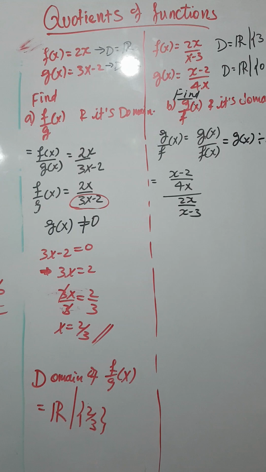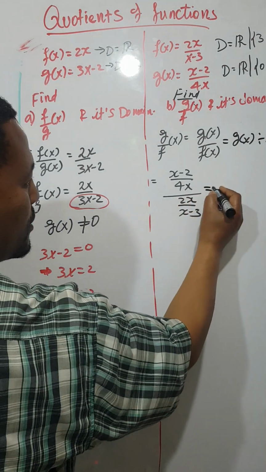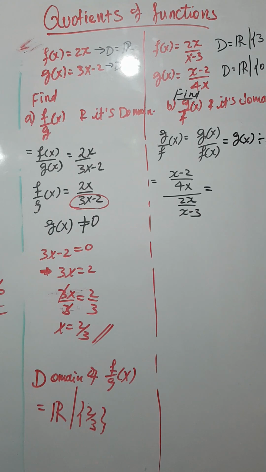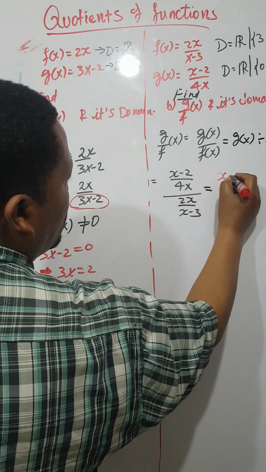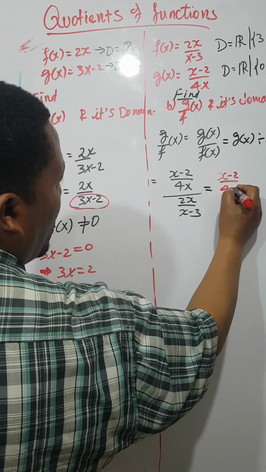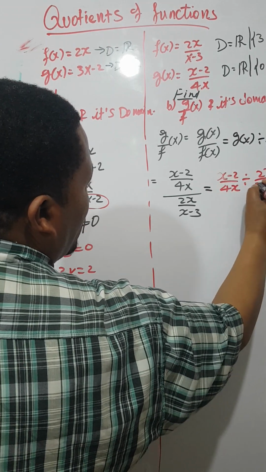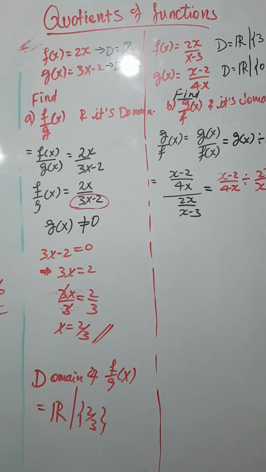So this means x minus 2 divided by 4x, divided by 2x over x minus 3.